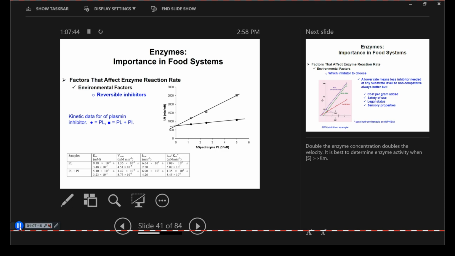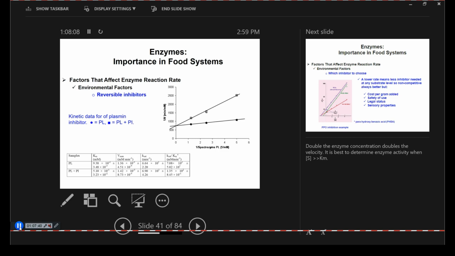We ran it without the inhibitor, only plasmin, with a synthetic substrate similar to casein, and then in the presence of the inhibitor. We determined the Km, Vmax, Kcat and the catalytic efficiency.